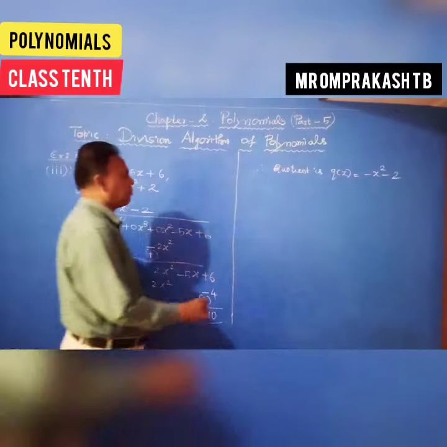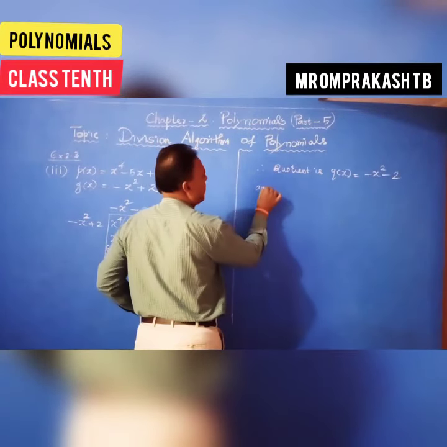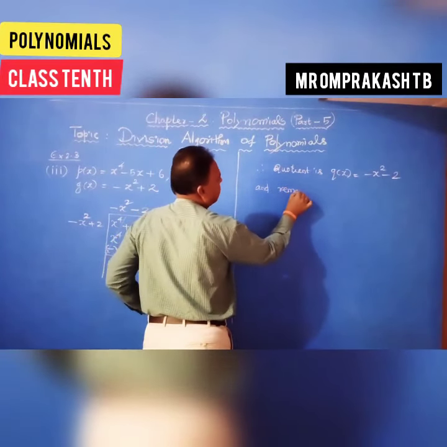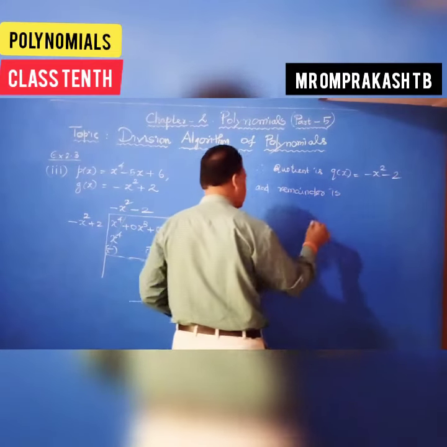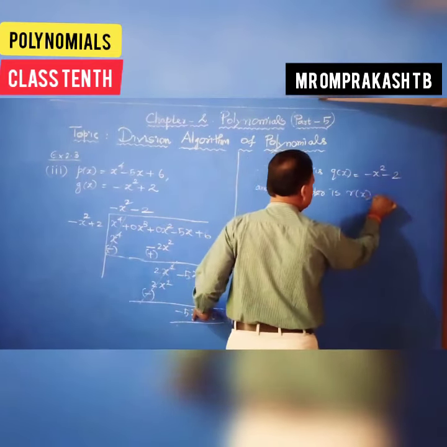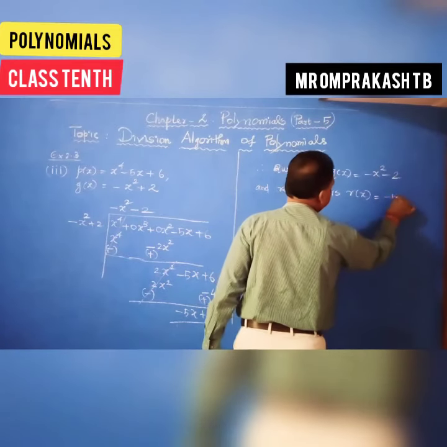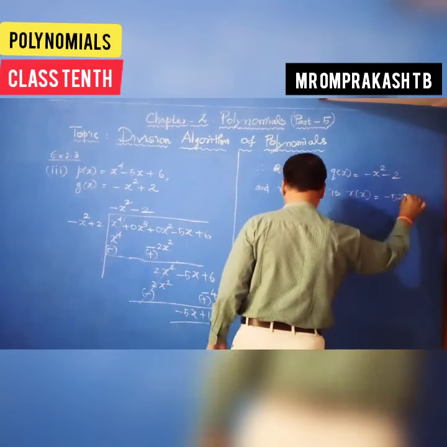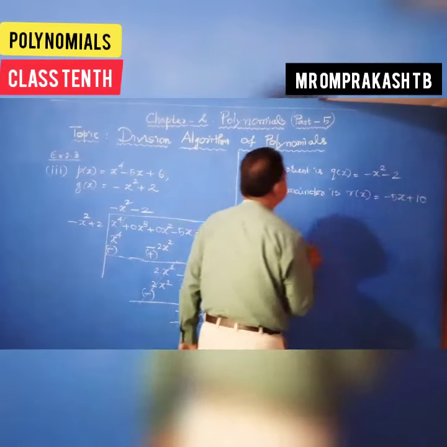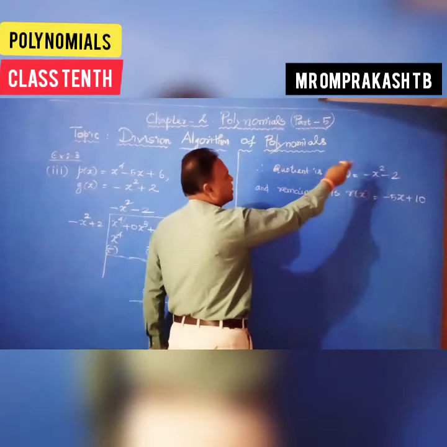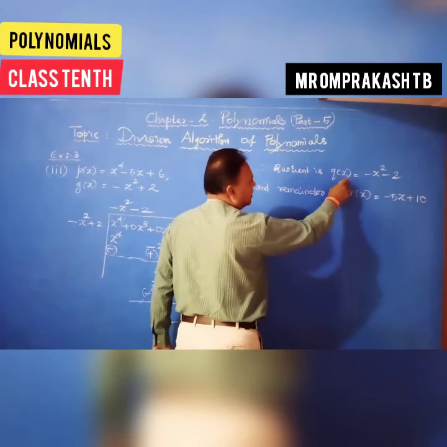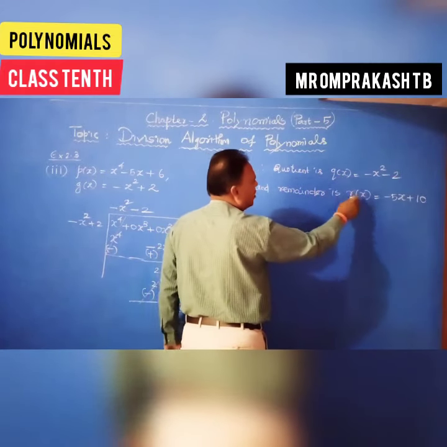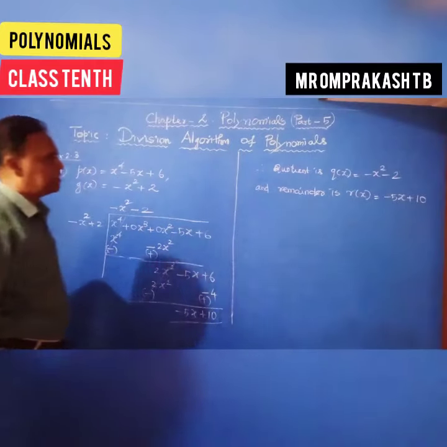Remainder is r of x, that is equal to minus 5x plus 10. Simply don't write quotient is; instead you mention q of x here. So q of x, r of x, you have to mention it.